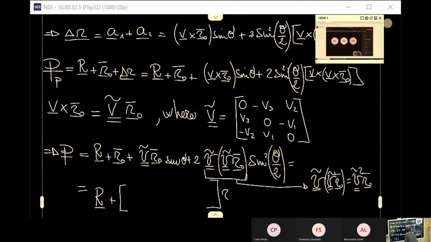So this is R0, so we group R0. What do we have to write within these brackets? Well, first we have R0 itself, so we're going to have an identity matrix, with a double underbar because we have, again, a matrix. Then we have this V tilde sine of theta.